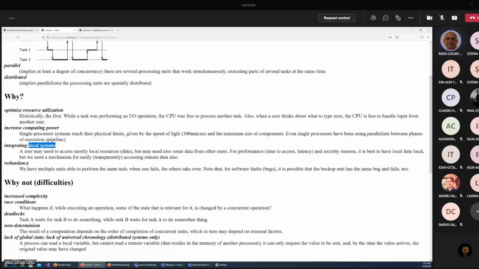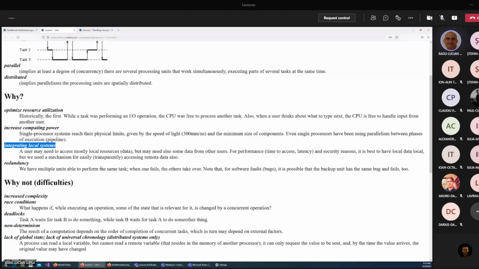Now, the next reason, and we are going now into distributed systems: we have computers that are local to some place, and they have data that is local to, let's say, an institution or the local chapter of an institution or something like that.